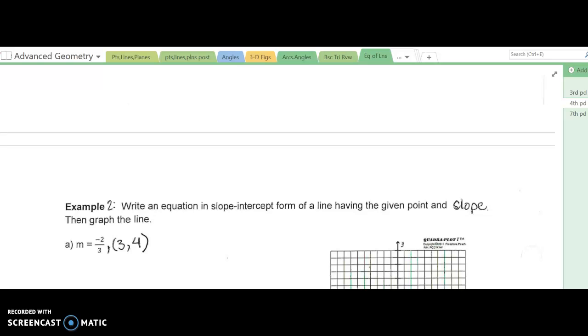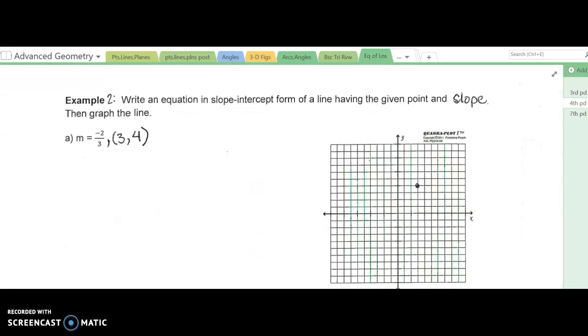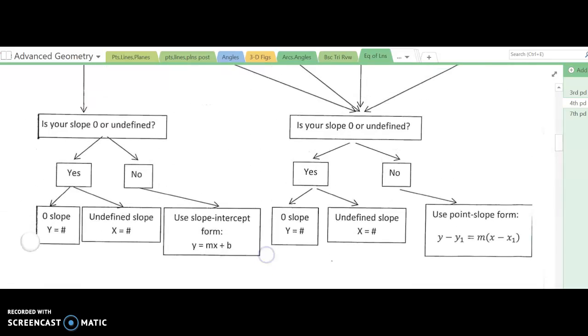We're going to come back to it in just a minute. So in example 2, write an equation in slope-intercept form of a line having the given point and slope, and then graph the line. So the given slope, given point, let's go back to our fabulous flowchart.